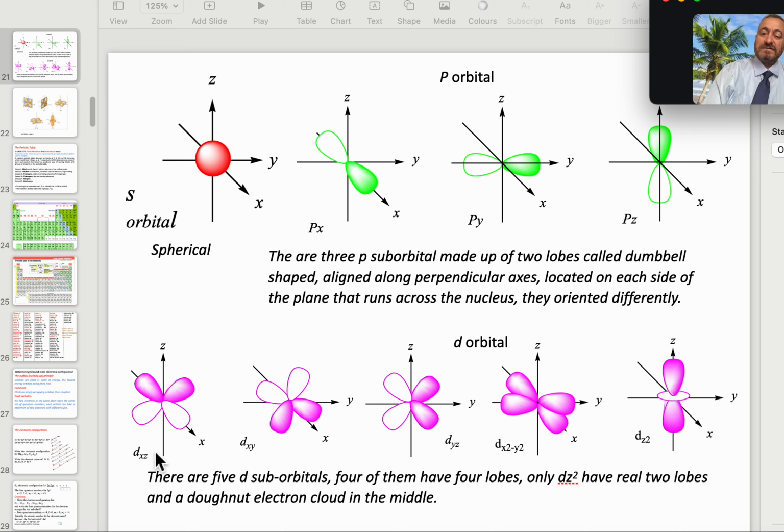And here I didn't say that the dxz loops are between the x and z. We come to the dz square. There are 4 loops, but 2 of them are condensed in the middle. So they are all on the z axis. So they are dz square.